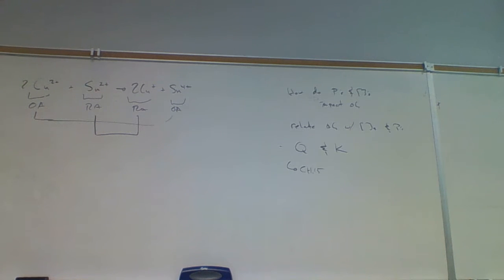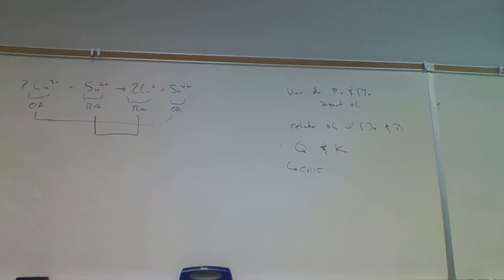Don't see it yet. Let's go down here. There's tin 2. Actually, there's tin 2 and copper 1. So these are correct because this tin 2 is going to tin 4, and this copper 1 is copper 2.